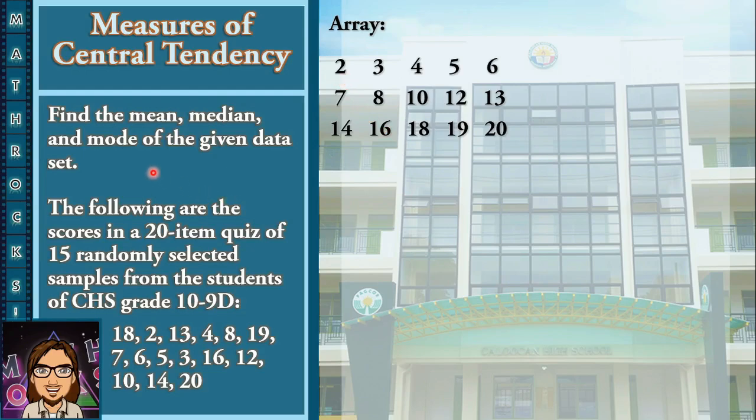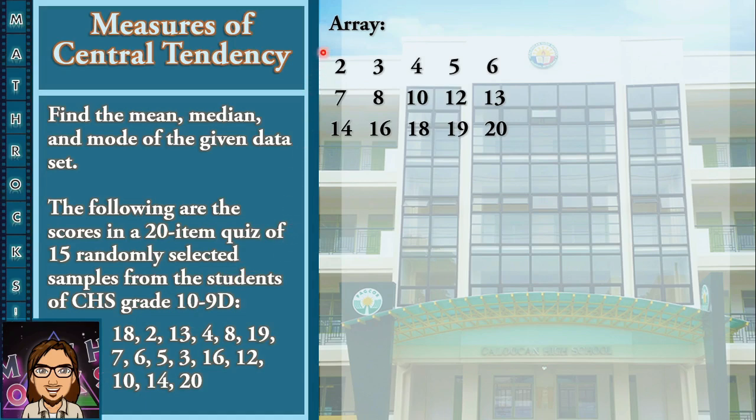Here we have to find the mean, median, and the mode of the given dataset. The following are the scores in a 20-item quiz of 15 randomly selected samples from the students of CHS grade 10. You might have already noticed that the given dataset was not arranged yet into an array.